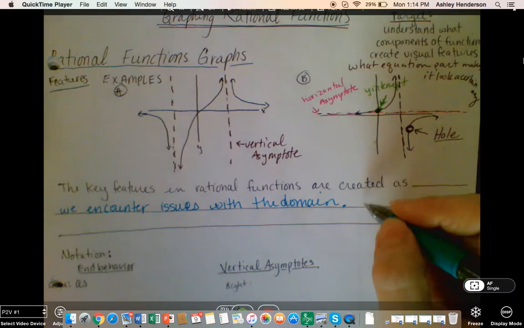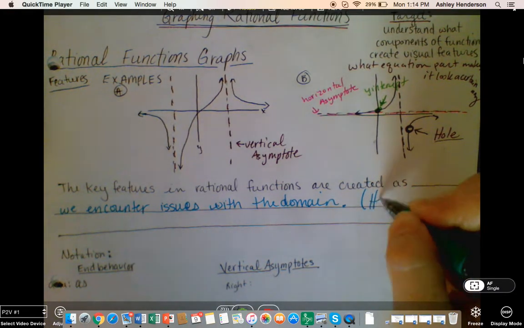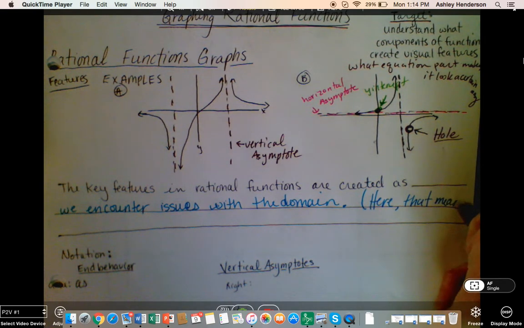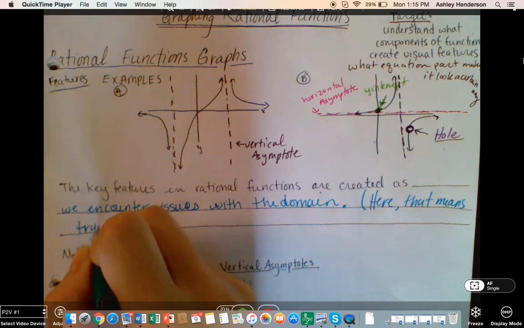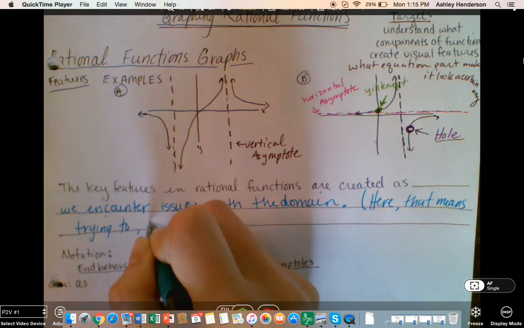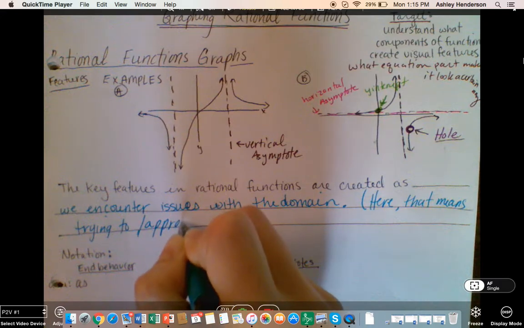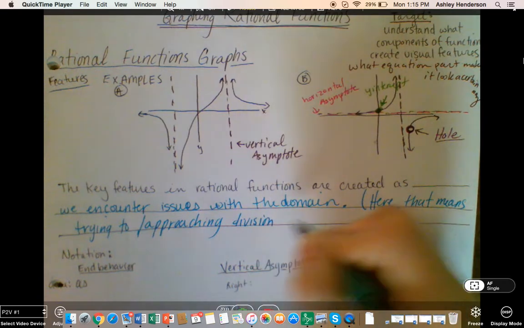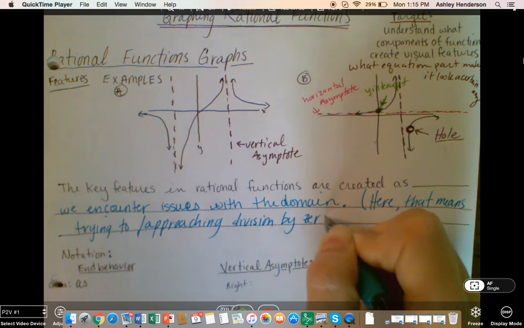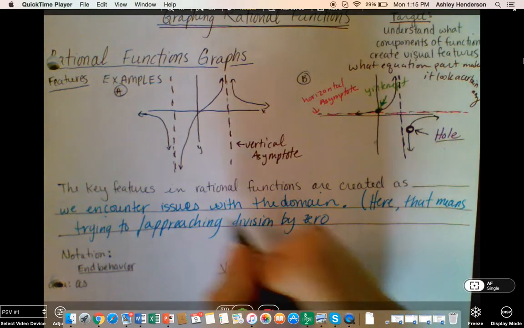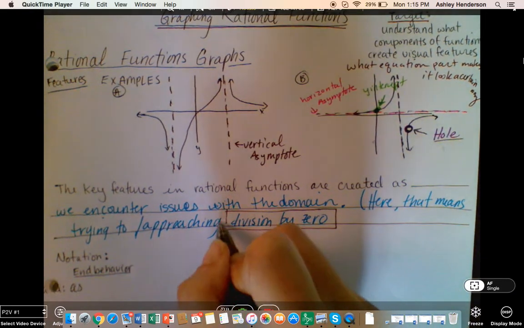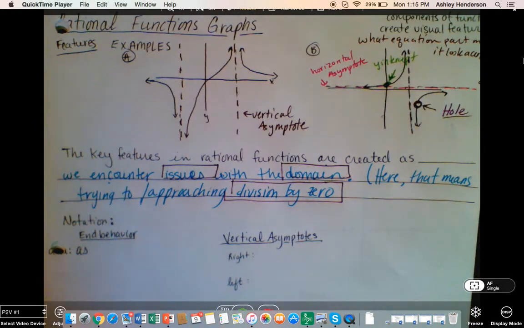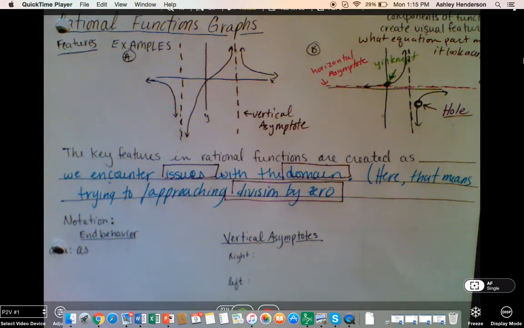For rational functions, that generally means trying to or approaching division by 0. Division by 0. So domain issues and division by 0. It's almost like I'm annotating my own notes as I go through there, you guys.